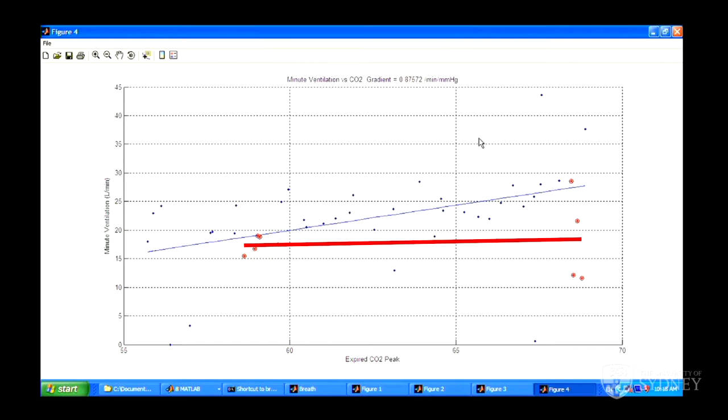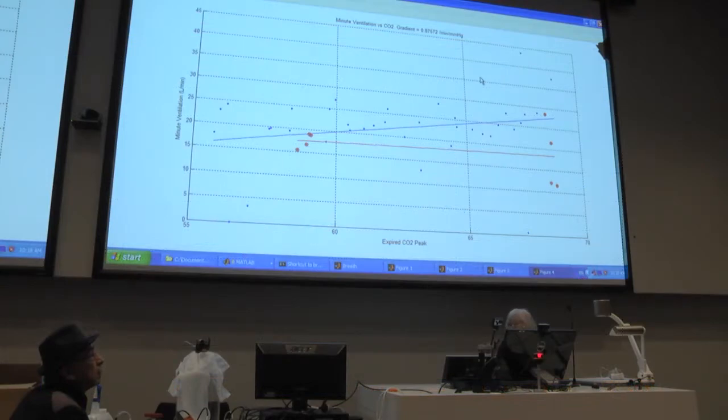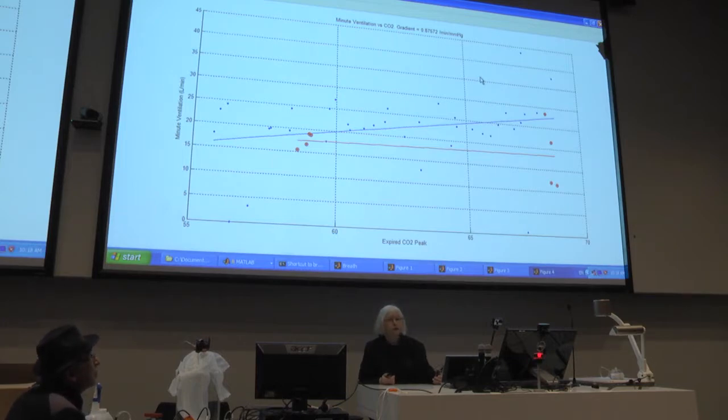And that's despite the fact that Zach told you he was making more of an effort. So the workload went up. Zach felt he had to make a major muscle effort to get things moving. And yet the ventilation that he got for that effort was considerably lower on average than when the airways were not obstructed.